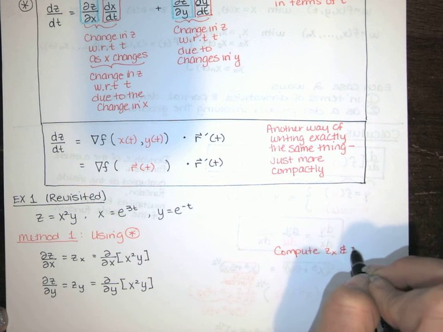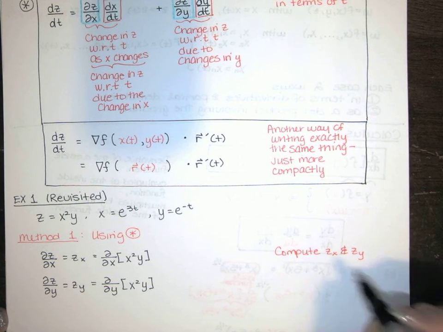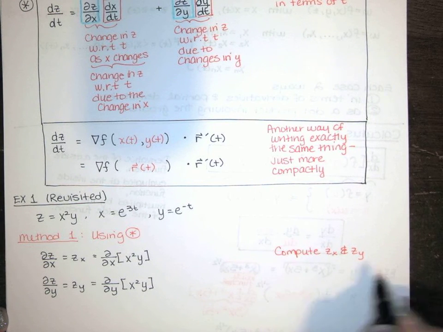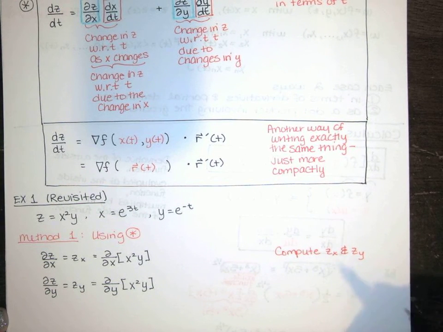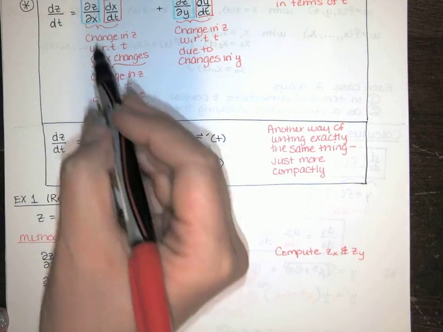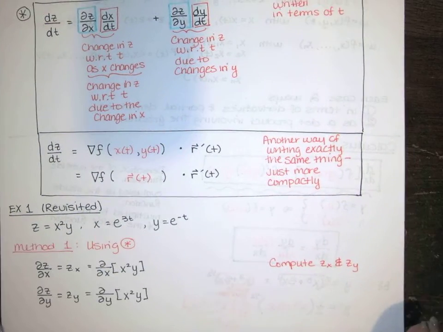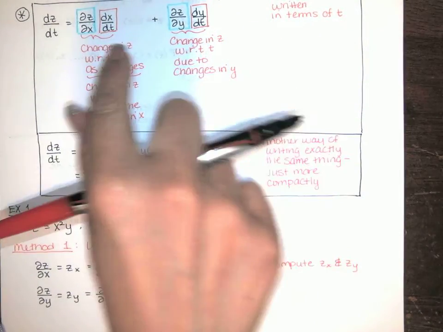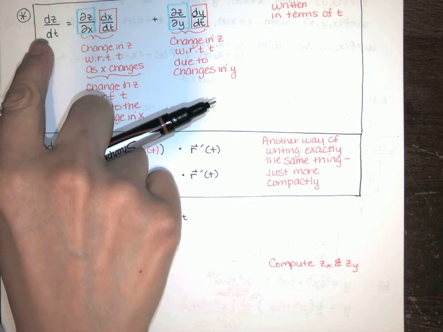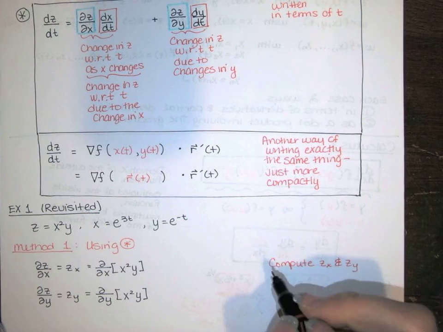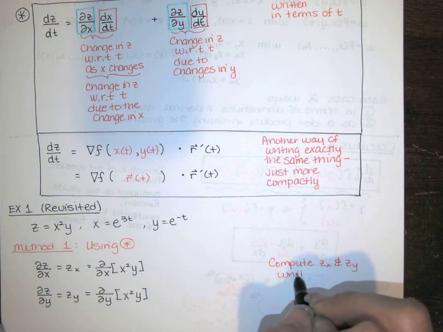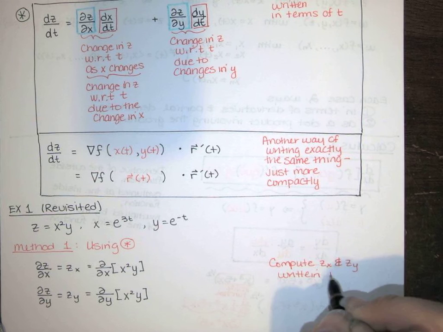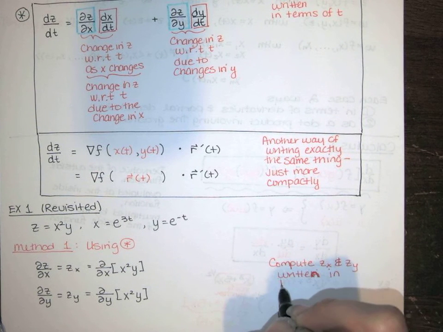And because it's more compact, it's easier and faster to write, I'm going to use subscript notation over here. We want those two partials, and remember we want them eventually in terms of t, because I want everything here in terms of t. I want this derivative of z with respect to t to only have t's in it, written in terms of t.